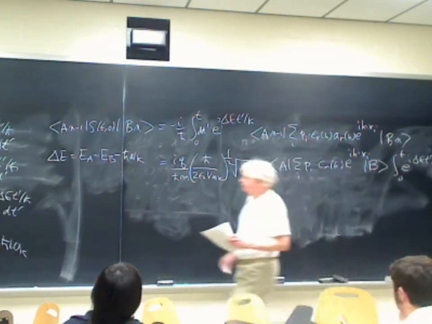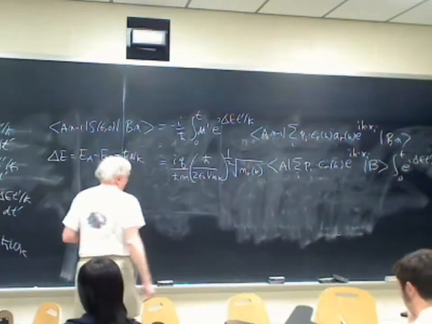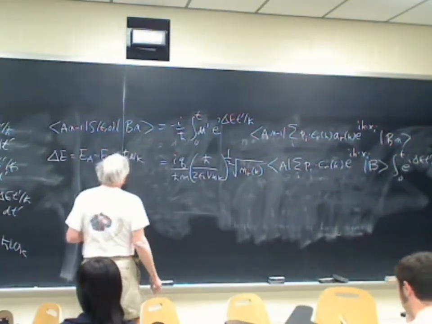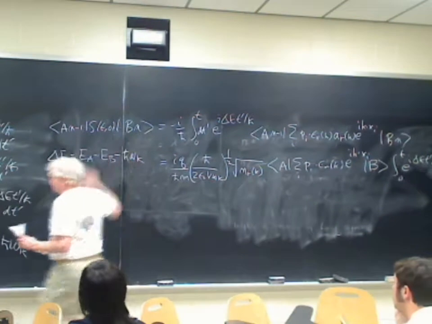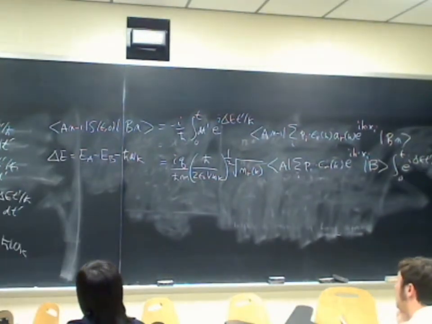Okay. Now, these two things, you see, are very similar. They have the same square roots. They have the same overall factors. They have slightly different square roots of n's.